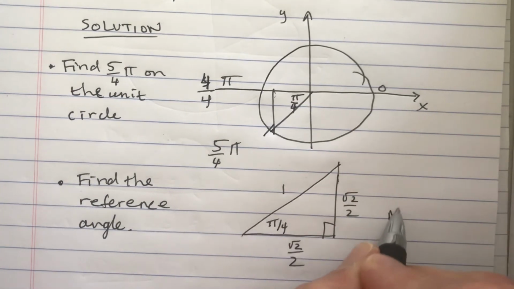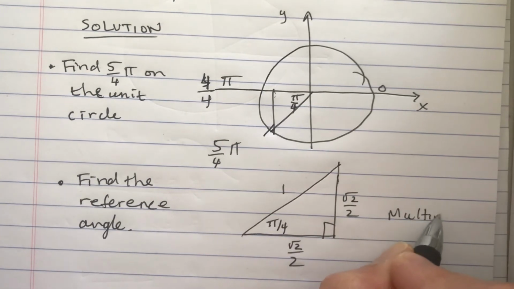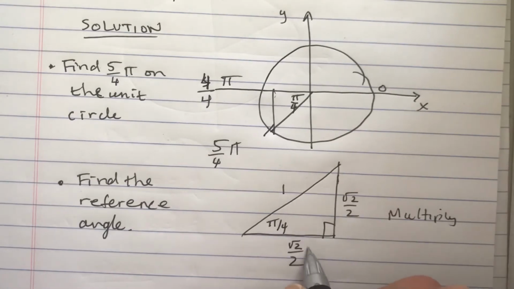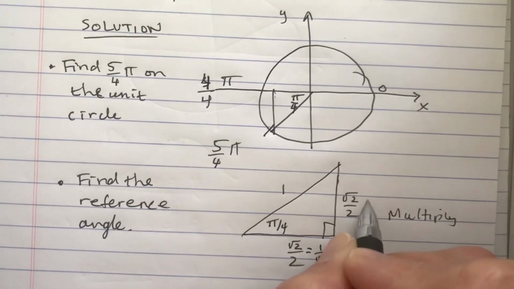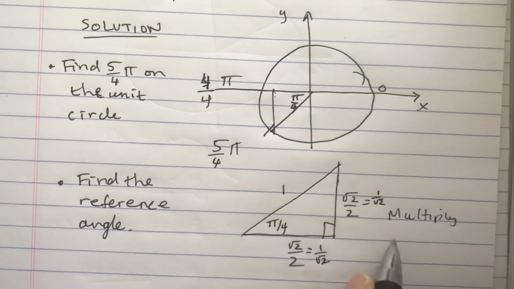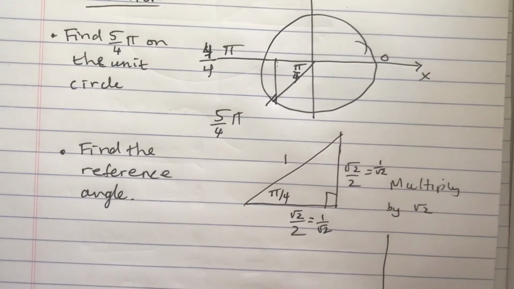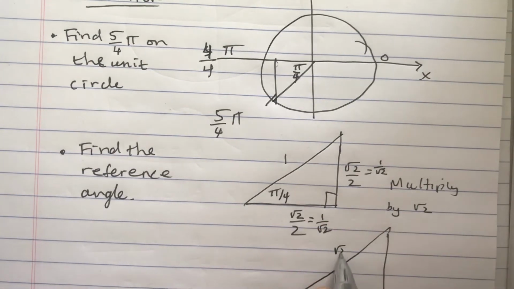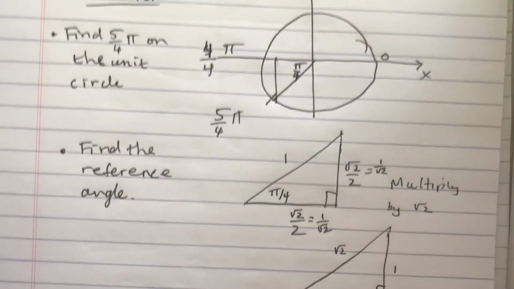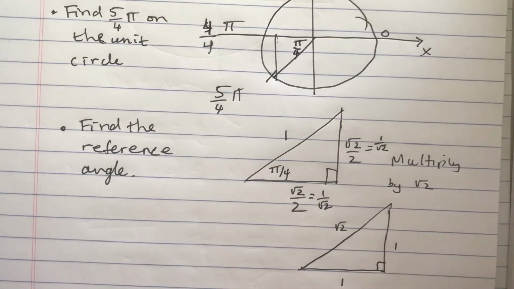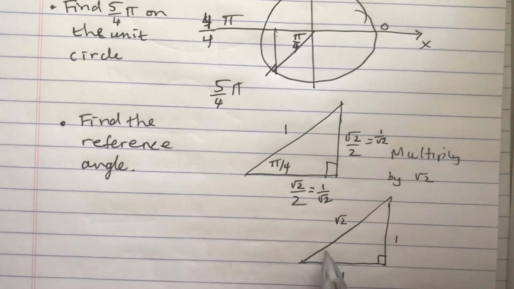But actually, see, this is 1 over rad 2. If I multiply by rad 2, you have 1 times rad 2, and you can set this triangle up this way. This is for 45 degrees.